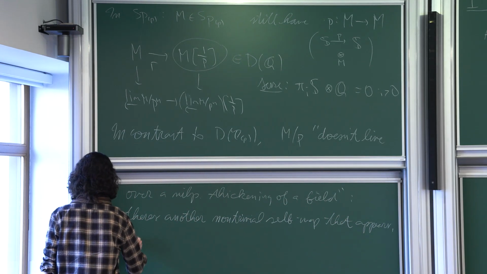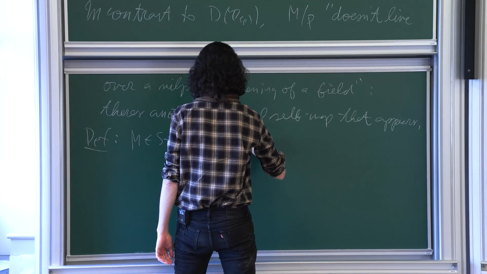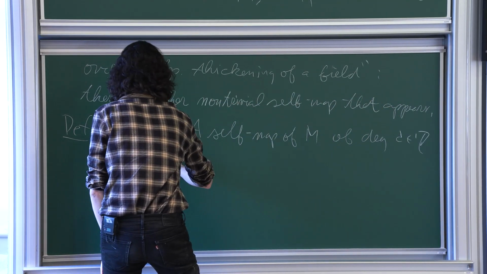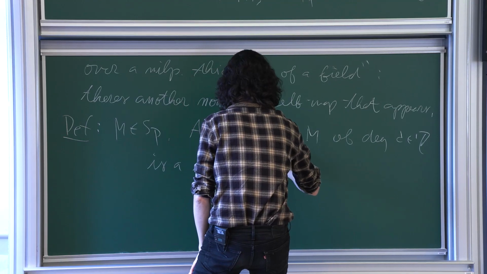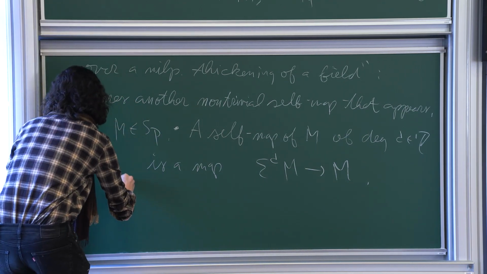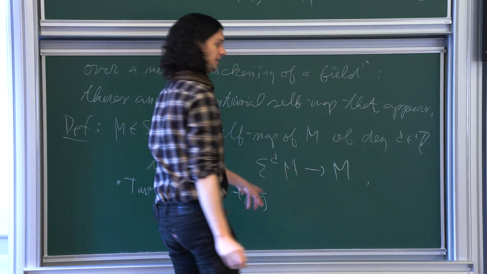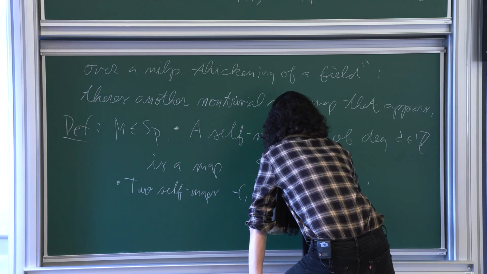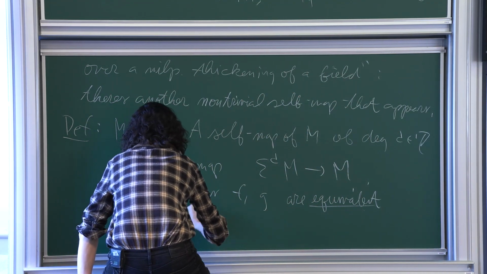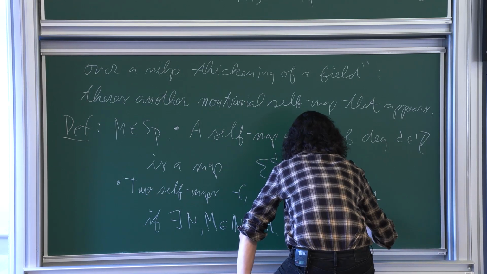So let me make just a formal definition. For M a spectrum, a self-map of M of degree d in Z is a map from a d-fold shift of M to M. And let me say that two self-maps f, g, potentially of different degrees, are equivalent if there exist positive integers n and m such that f to the n is homotopic to g to the m.